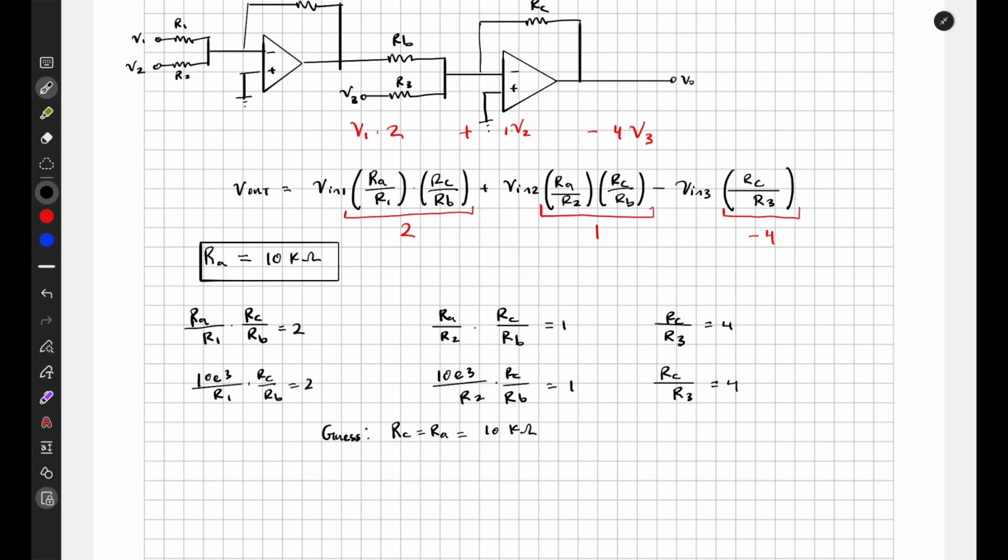Now, how did the textbook come to this guess? It's actually kind of interesting. What they noticed was that this first equation is double the equation here. And it repeats this RC over RB term, so that term is the same.